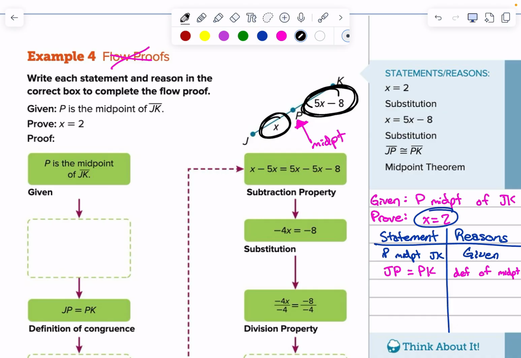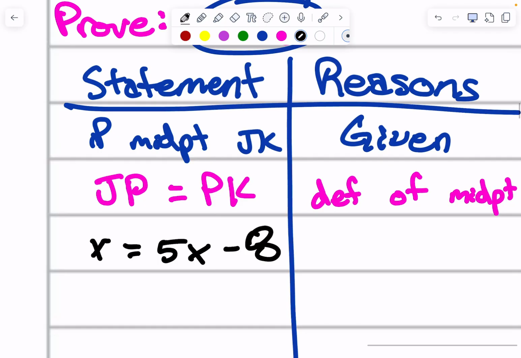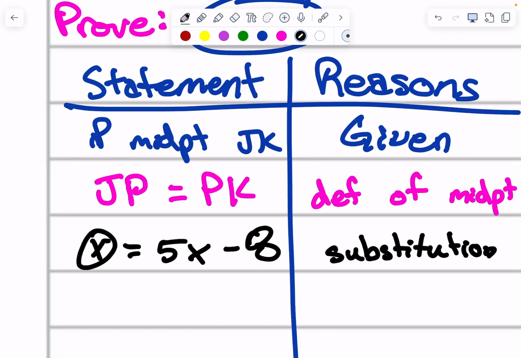They're equal. So I have X is equal to 5X minus 8. And how am I able to say that? What did I do? Substitution. Substitution, right? I took the X and I plugged it in for JP, and I took the 5X minus 8 and I plugged it in for PK. I put them in those spots because that's what they're equal to, and so that is substitution. I plugged them in, okay?